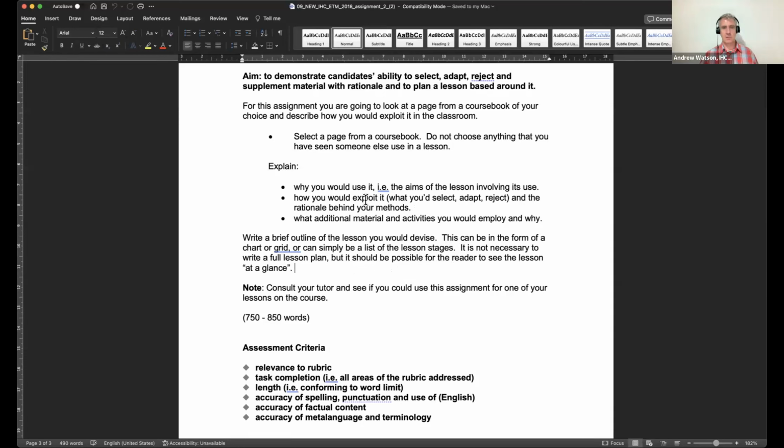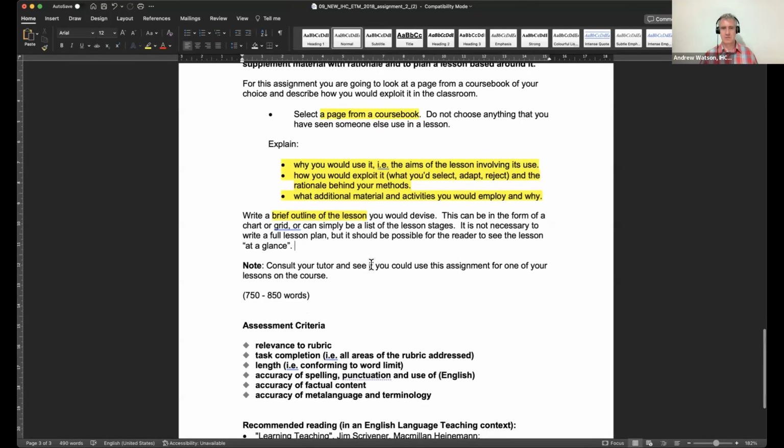So your essay needs to contain your answers to this, and it also needs the outline of the lesson. And you also need to say what page from the course book you're using. Right? These are the essentials. If you do all those things, you're probably going to pass. Yeah?